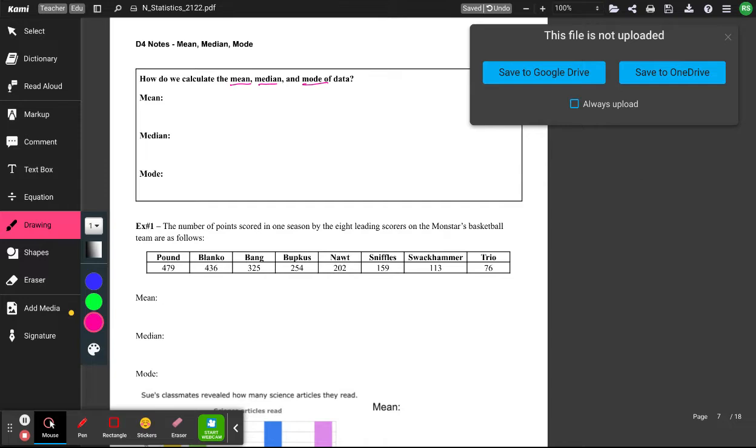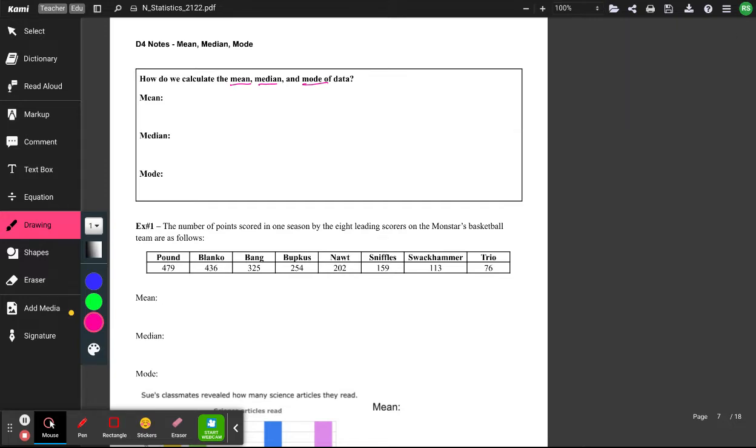Easy definition for the mean. Mean is just another word for average. So for the mean, we find the average of the values. How do we find the values?